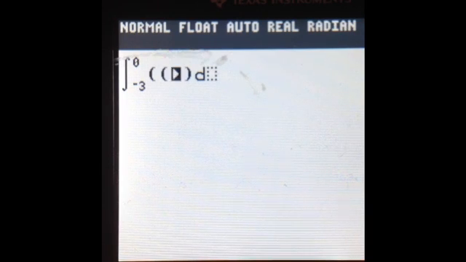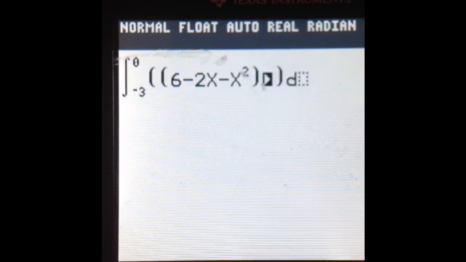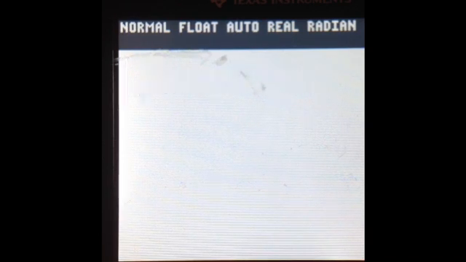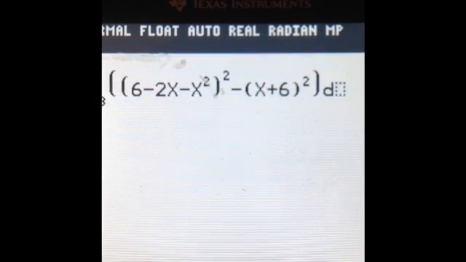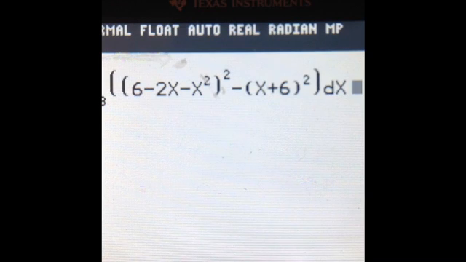And we said our top curve was 6 minus 2x minus x squared. And we're going to close it off and put a square. And then we're going to subtract. And then we're going to put another parentheses, x plus 6. Square that, put our dx, so you can see how we type that.